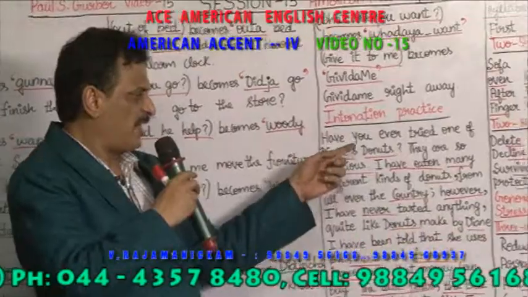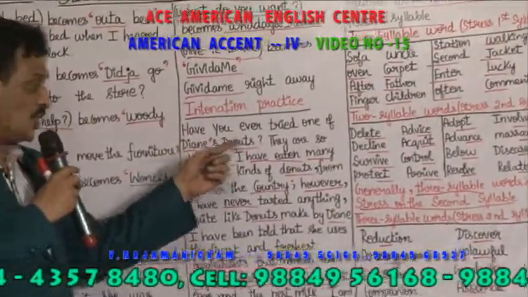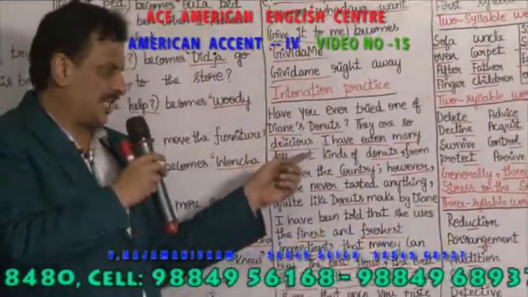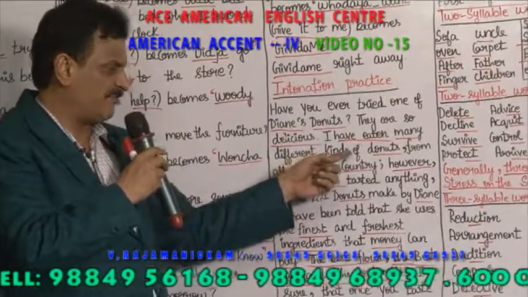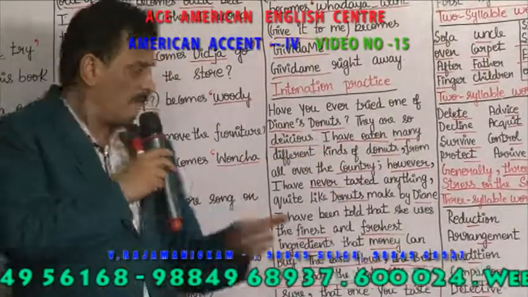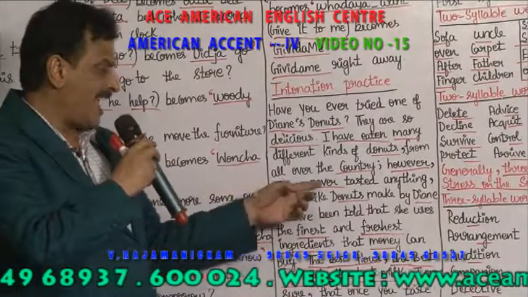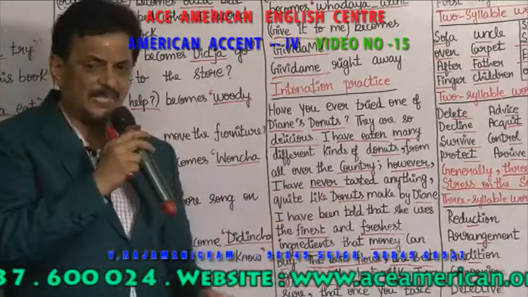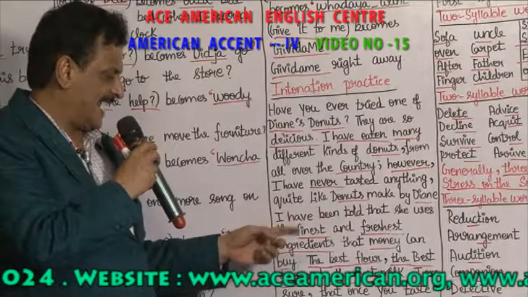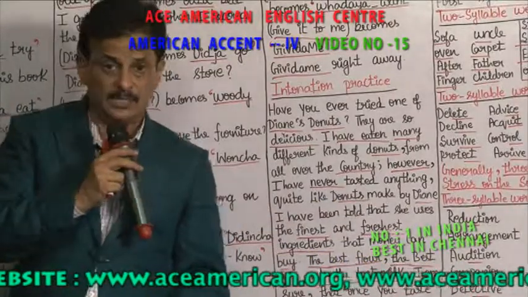So இங்கே பாருங்க, have you ever tried one of Diana's doughnuts? They're so delicious. I've eaten many different kinds of doughnuts from all over the country. However, I've never tasted anything quite like doughnuts made by Diana. So Diana செஞ்சது மாதிரி நான் சாப்பிட்டதில்லை.